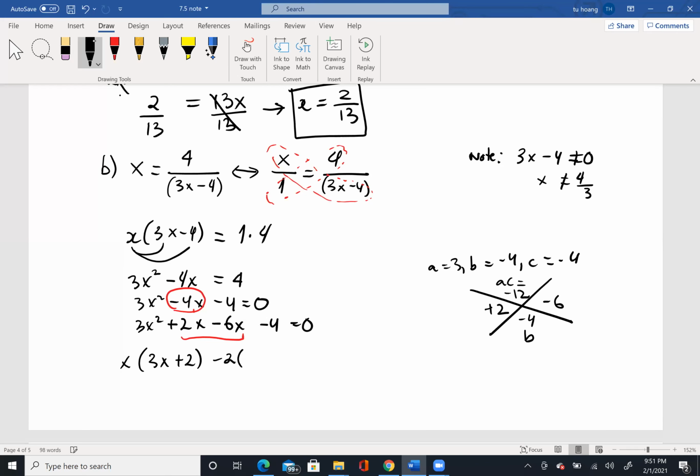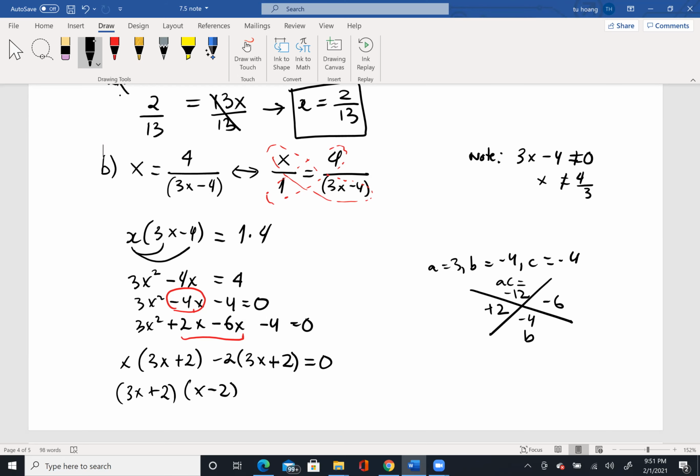And then the first term gives you 3x, the second one is plus 2, that equals 0. And you factor it, going to be x minus 2 times, no, let's just factor the greatest common factor first. So 3x plus 2 multiplied by x minus 2.